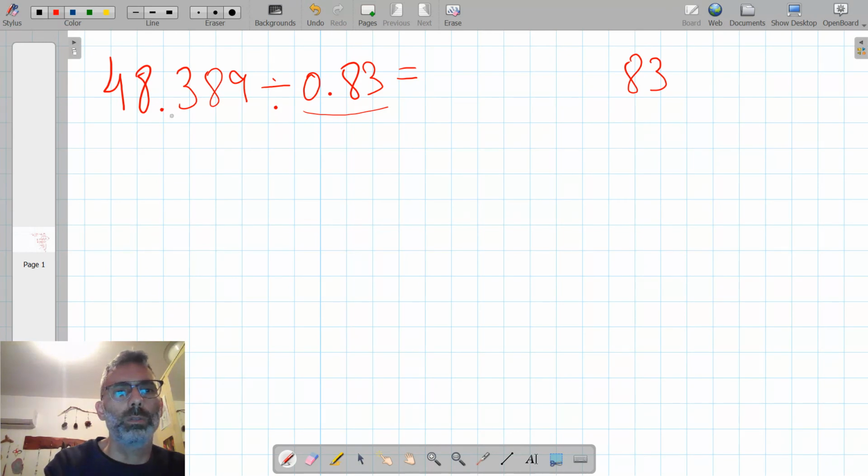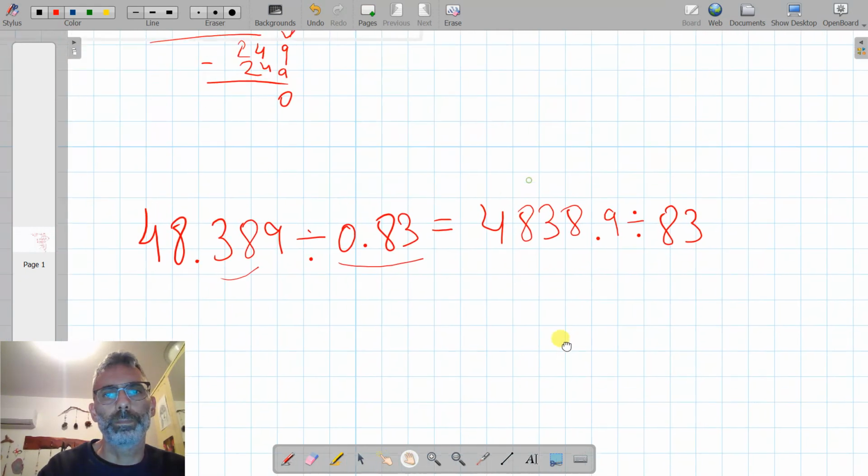So here I also shift the decimal point 2 places to the right. So this is 4,838.9 divided by 83.